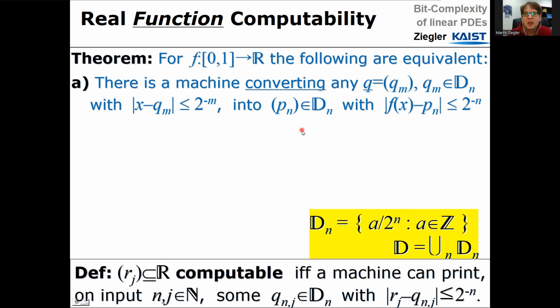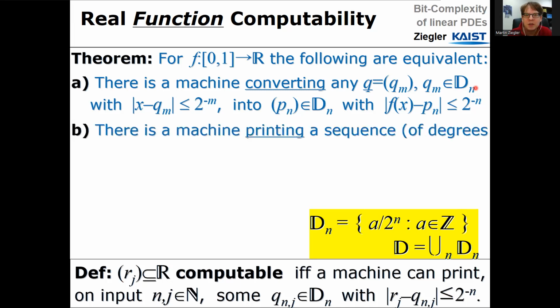And notice that there's no correspondence between the input position and output position. That's entirely up to the computation. So maybe the computation needs particularly high input precision in order to output very low output precision, but that's up to the computation. That's one reasonable definition for computing a real function.